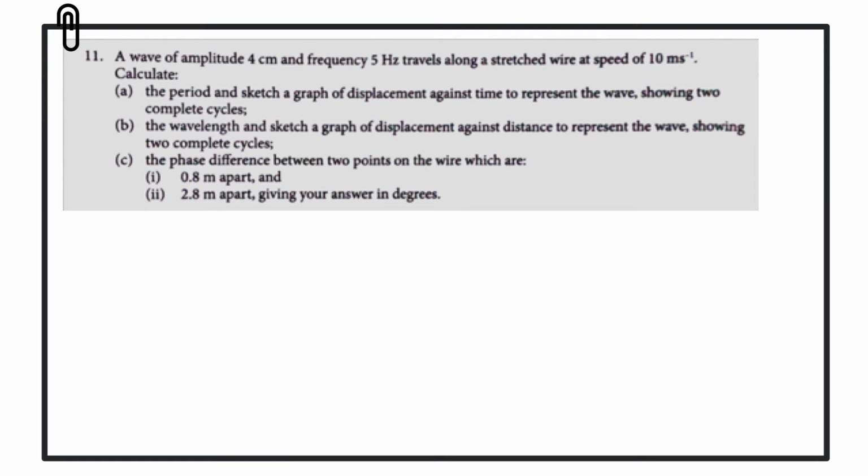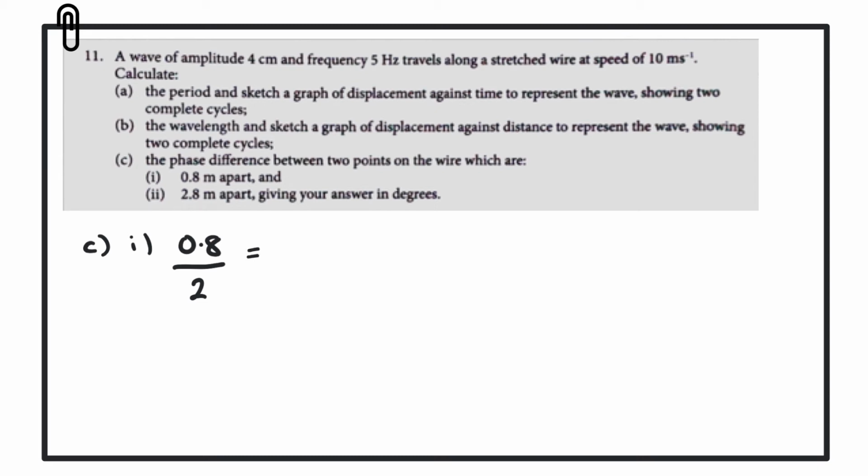So in order to calculate the phase difference, what we need to do is work out what is the fraction of the wavelength or of the period that separates these 2 points. We know that they are 0.8 meters apart, but we need to figure out what is that as a fraction of the whole wavelength. So we take our 0.8 meters and divide that by the wavelength, which we calculated earlier as 2 meters.